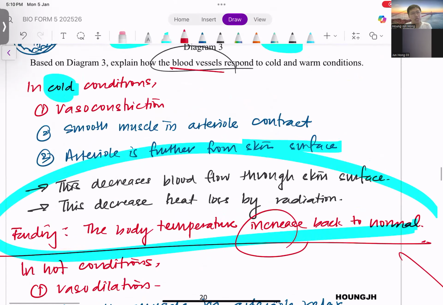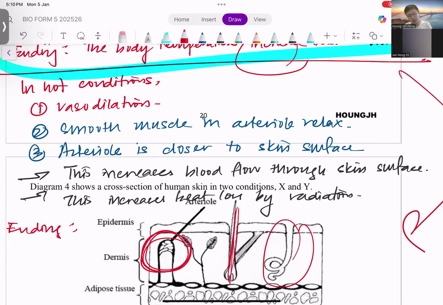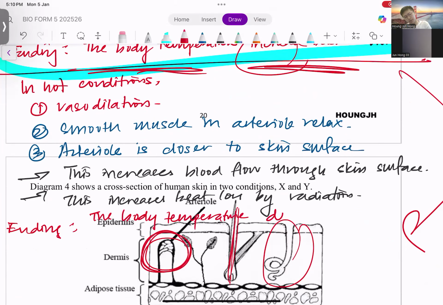If you did correctly over here, everything here is a no-brainer, because you just have to flip it. So body temperature decreases back to normal. Okay, perfect. So that is about this question. Thank you so much.